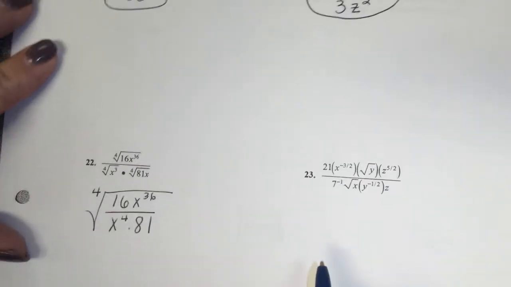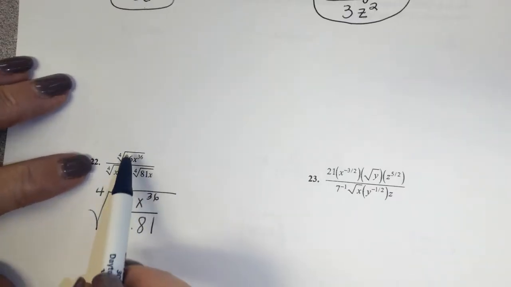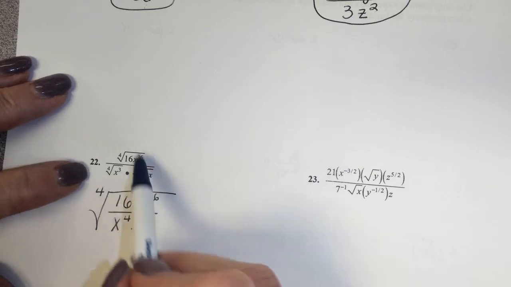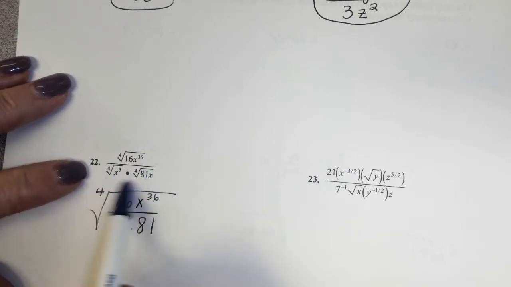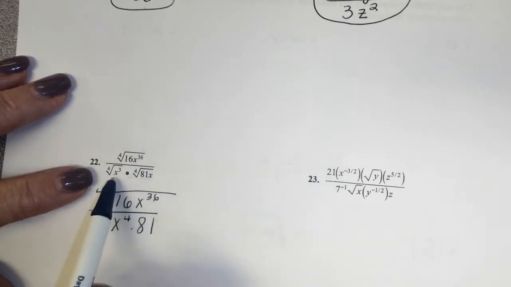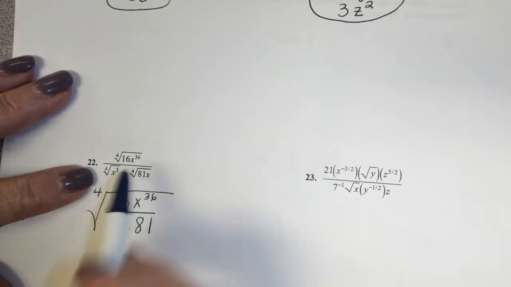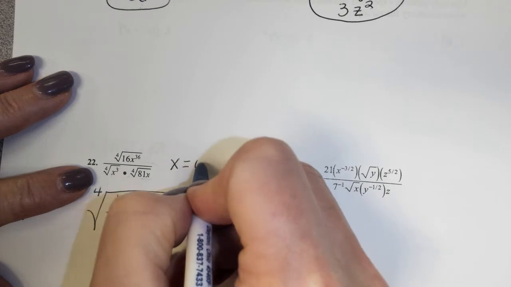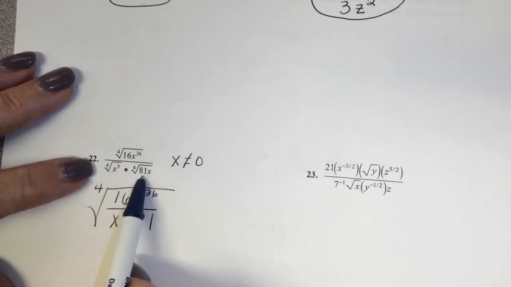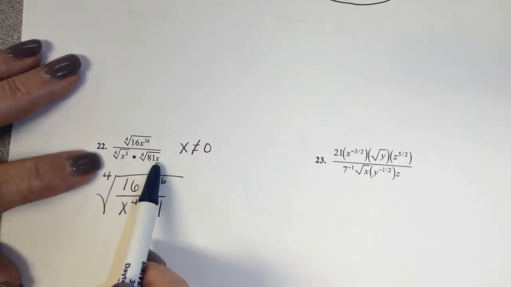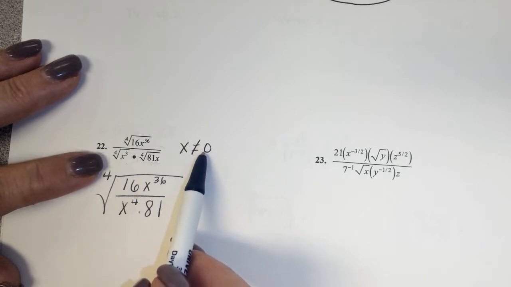All right. Now, here's something else we're going to throw in. When we have a fraction, I need to look back here at this denominator. Because I have x's down here in the denominator, I know x is not allowed to be 0. Okay? It can't be 0, because then I would be dividing by 0. So I'm keeping that in mind.